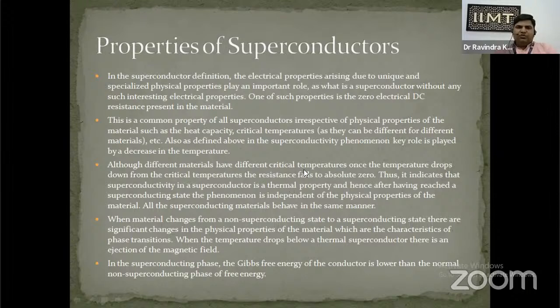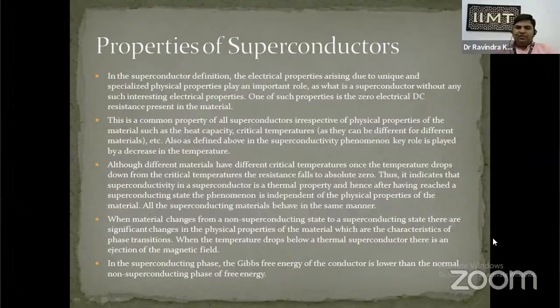The superconductive phenomenon is driven by a decrease in temperature. This indicates that superconductivity is a thermal property, and hence, having reached the superconducting state, the phenomenon is independent of the physical properties of the material. All these superconducting materials behave in the same manner.